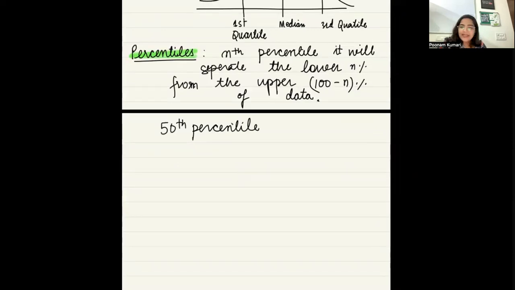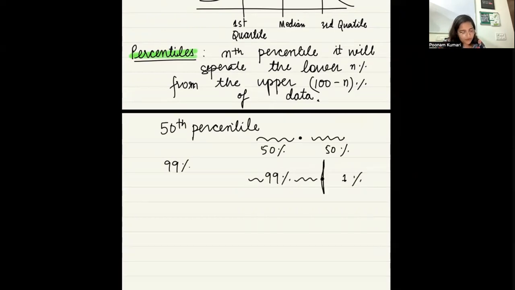It is that number which will separate the lower 50% from the upper 50% of the data, right? 99 percentile, what does that mean? It will separate 99% lower data and then here 1%. So it is that number below which we have 99% of data points and above which we have only 1% of data points. Is that all right?